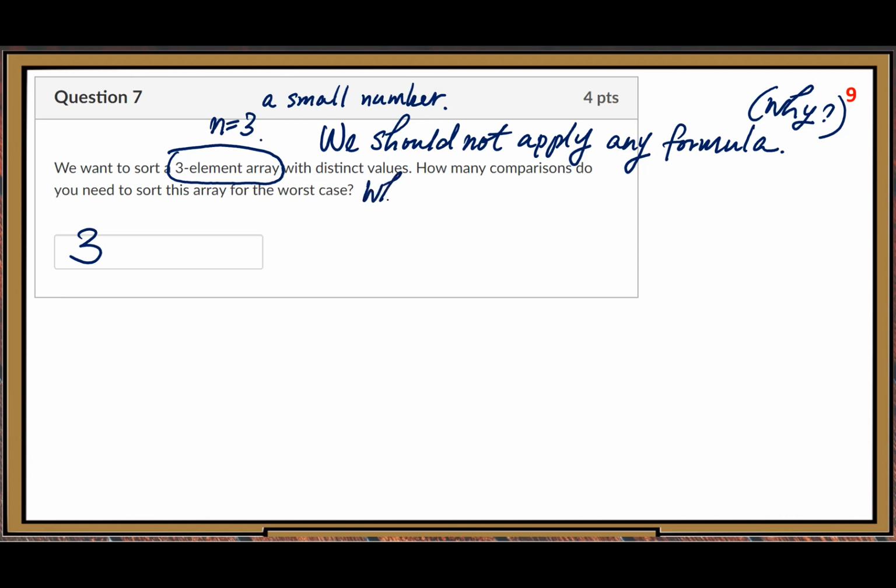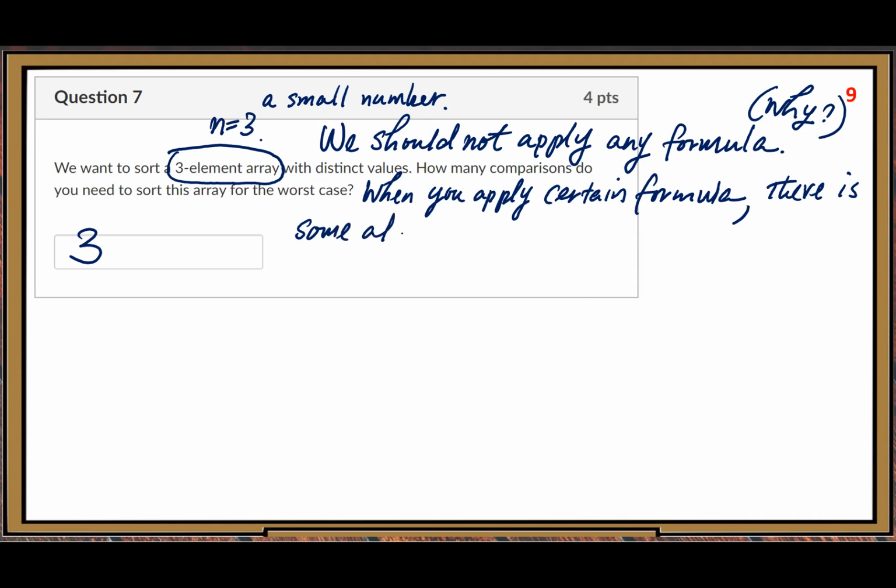When you apply a certain formula, there is some algorithm behind it.